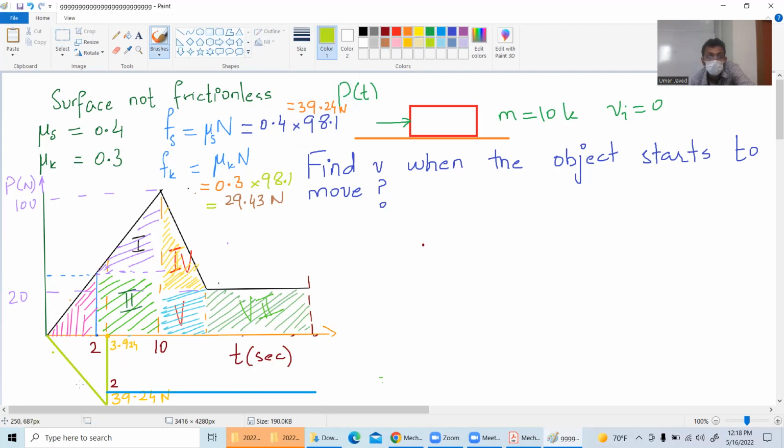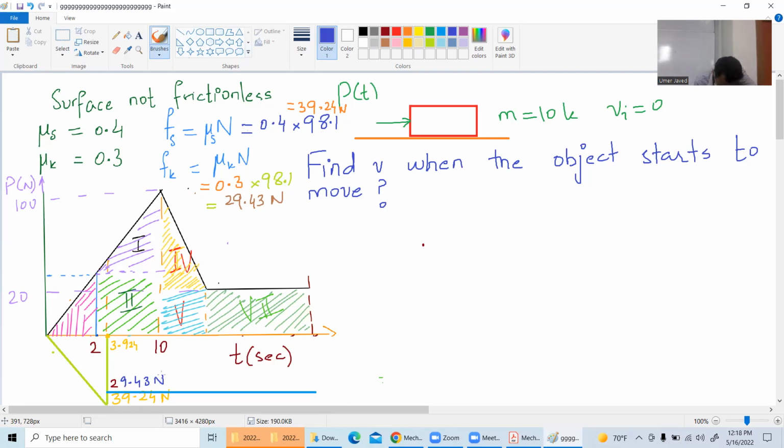Let me come up with a very nice color. 29.43. Okay. Now give me the velocity of the object after each interval.